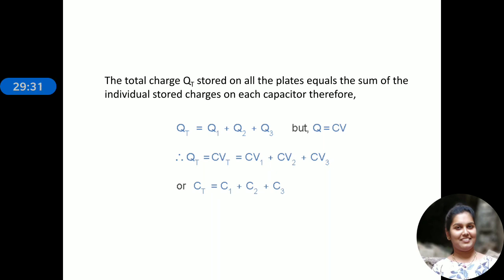When we connect resistors in parallel, the overall resistance will decrease, right? But when we connect capacitors in parallel, the overall capacitance will increase. This is because the voltage is common, the same, but the current is varying, right?